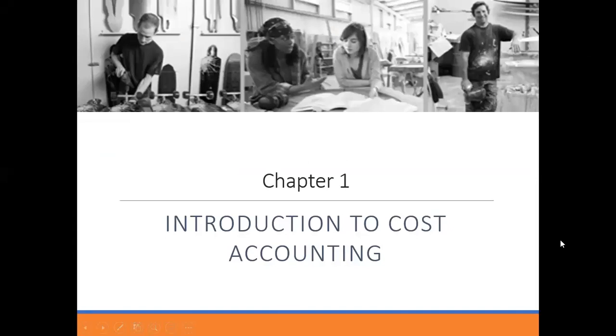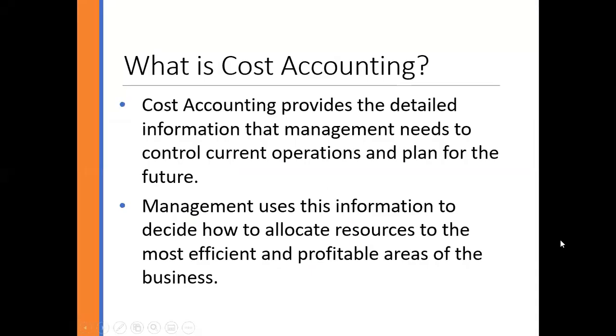Okay, so chapter one, introduction to cost accounting. Essentially, cost accounting, which is part of managerial accounting, means we're preparing information for internal users, namely managers, to use for decision-making purposes, right?